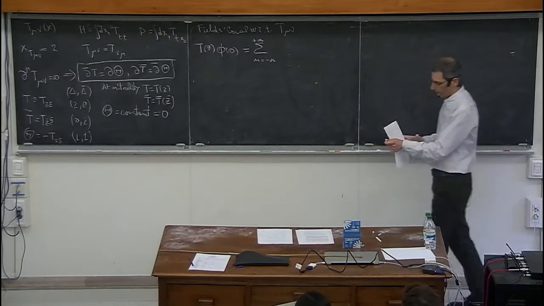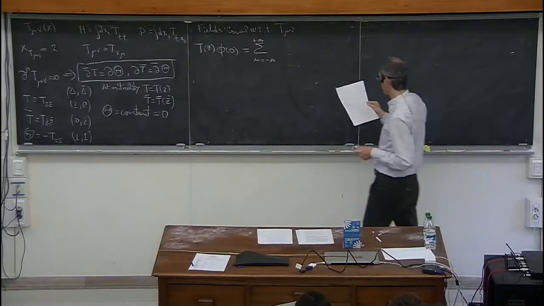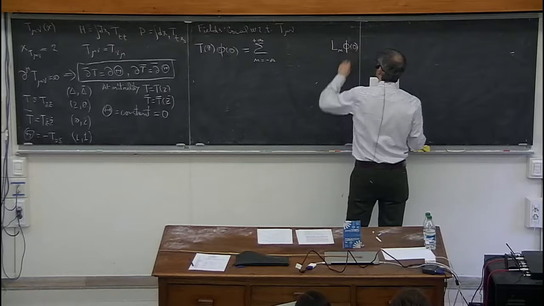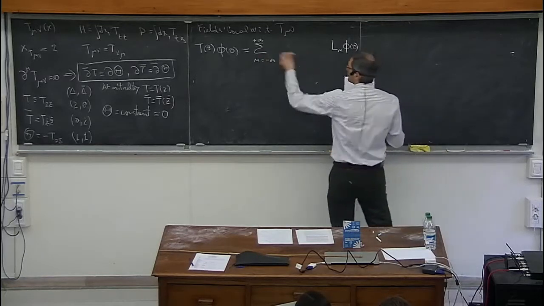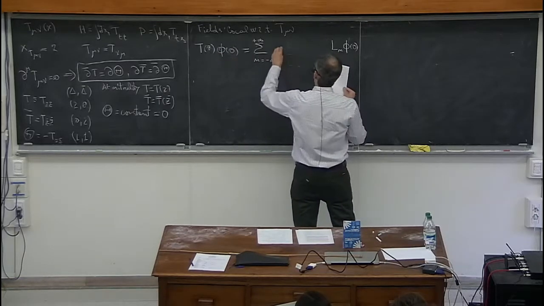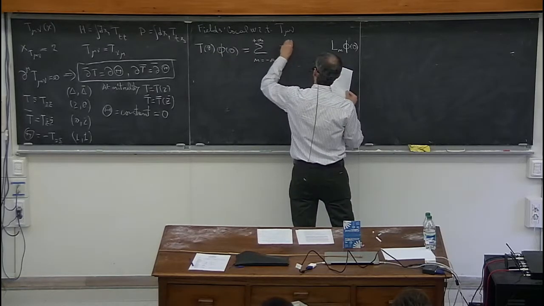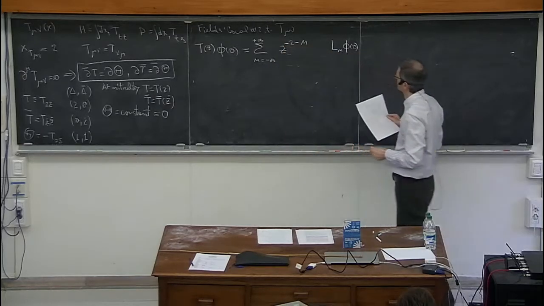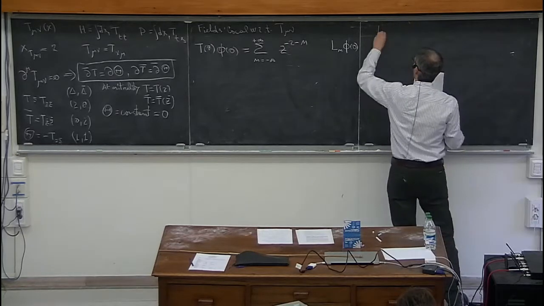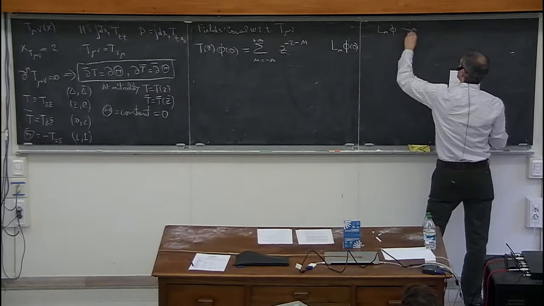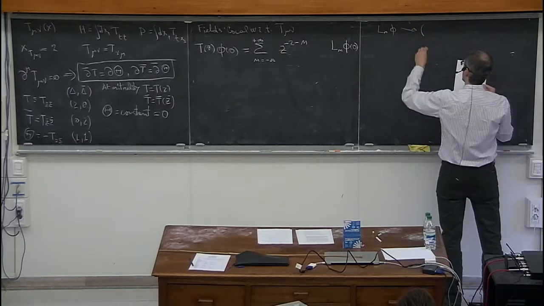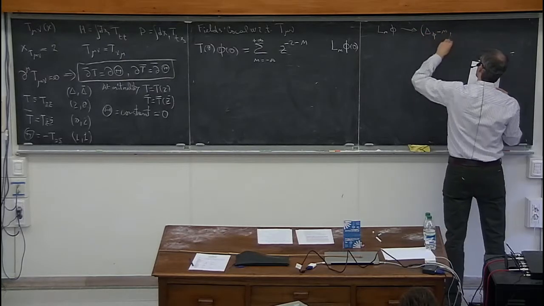This just goes back to the condition of locality. I call these fields L_n phi of 0. And then to match the dimensions, since the expansion is all in z, I have to put here z to the minus 2 minus n. Where this L_n phi has dimensions that you can read off from this equation. This is delta phi minus n.